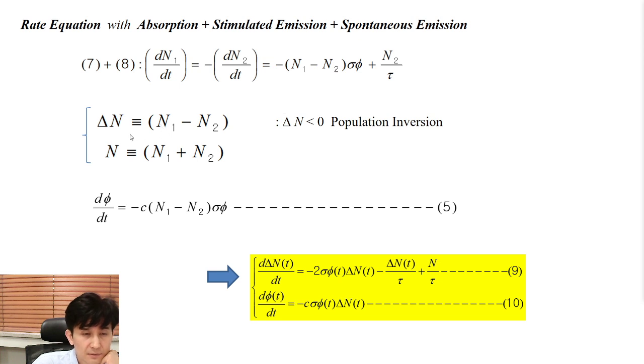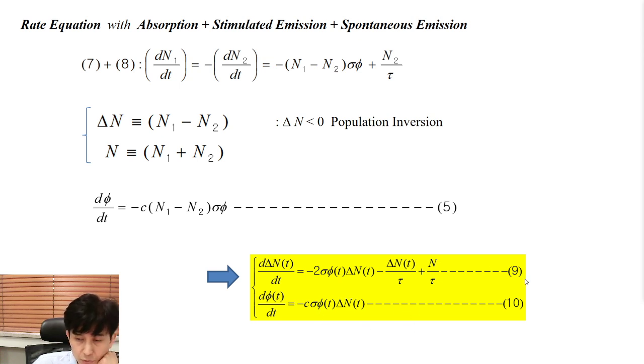That is by replacing n1 and n2 with delta n and N in this equation. For example, n1 is 1/2 times N plus delta n, and n2 is 1/2 of N minus delta n. So we replace n1 and n2 with these, and then we have this equation.